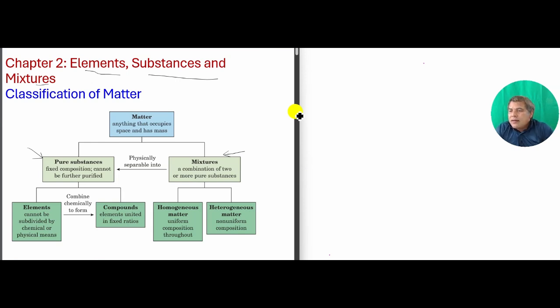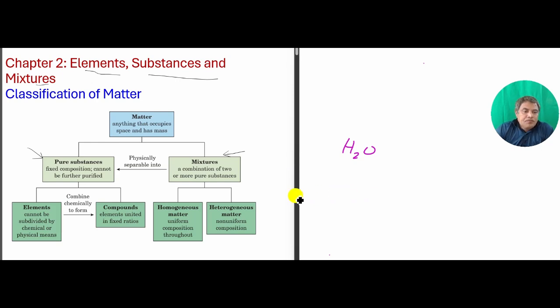For example, iron is a pure substance, just the iron it has. But if you think about water, it has H2O, right? H2O means two hydrogen, one oxygen. It's a combination of two different atoms.